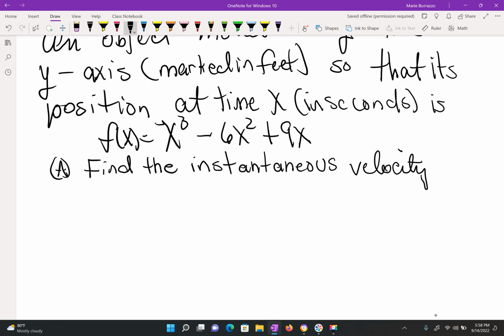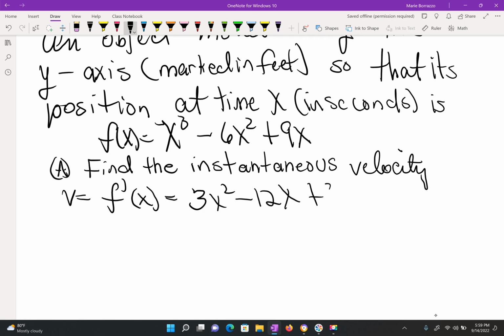So they're giving us where f of x, so we're looking for f prime x, which in this case is going to be what? So velocity is going to be 3x squared minus 12x plus 9.